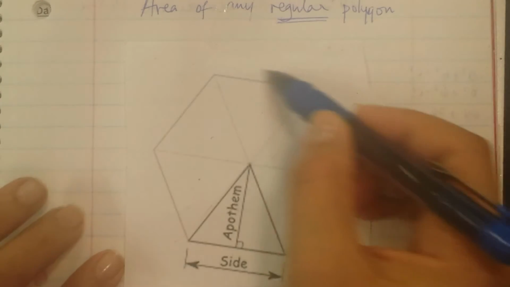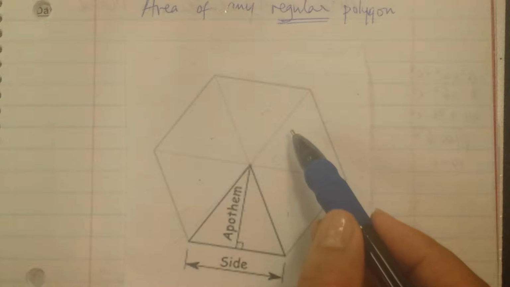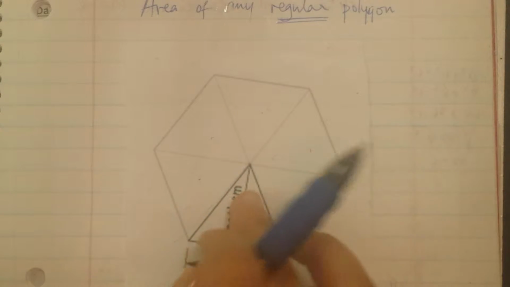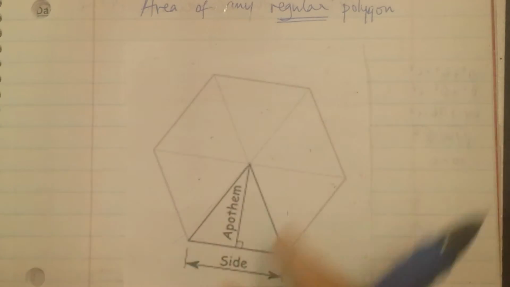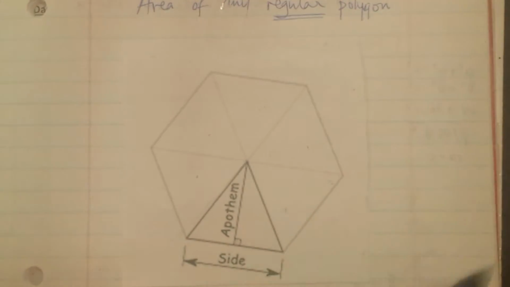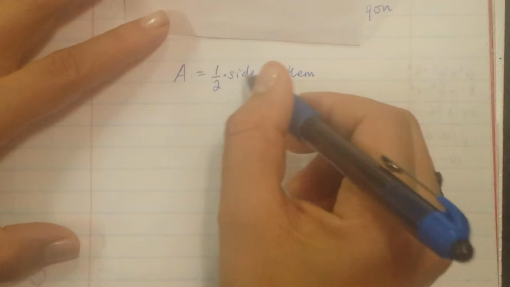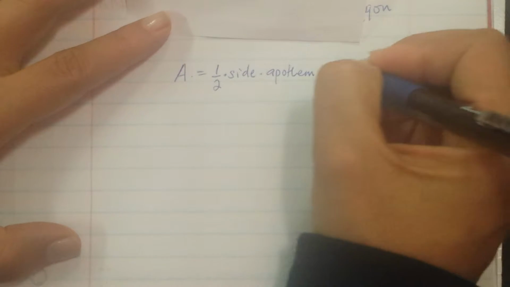But to get the area of the regular hexagon, you're going to multiply that area times however many triangles there are, and there are 1, 2, 3, 4, 5, 6. So you're going to multiply it by the number of sides.